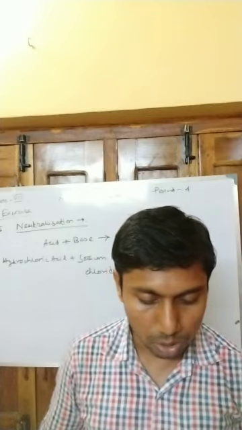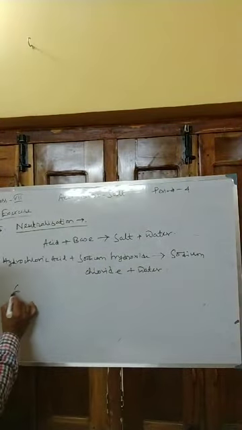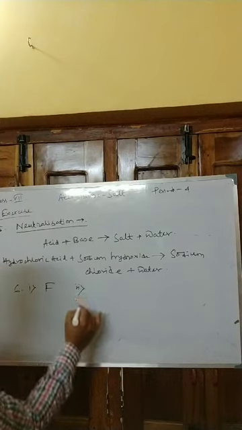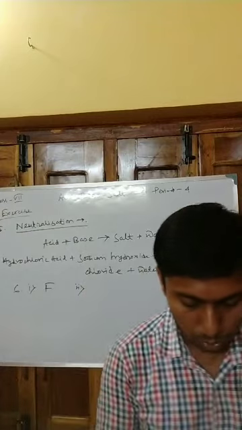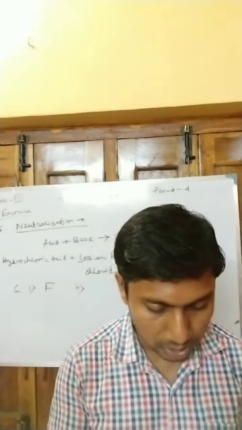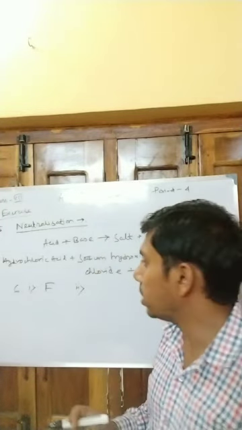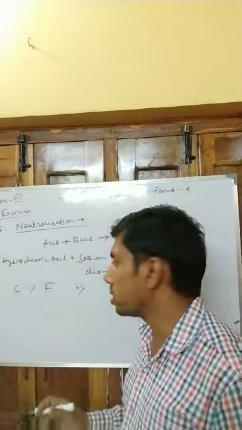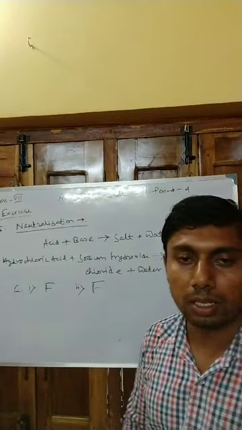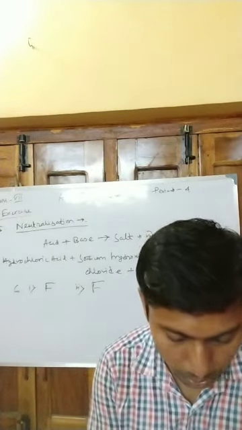So 6-1 is false. Next, 6-2, sodium hydroxide turns blue litmus red. It is also false, because sodium hydroxide is basic in nature, so it will turn red litmus blue.